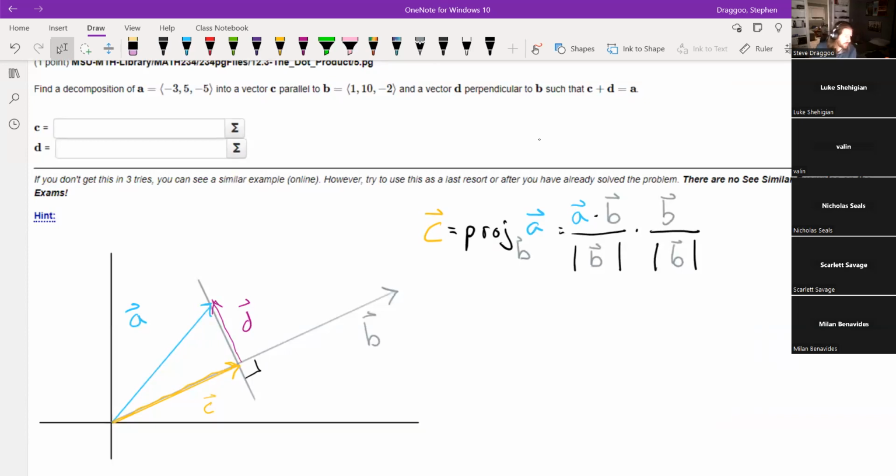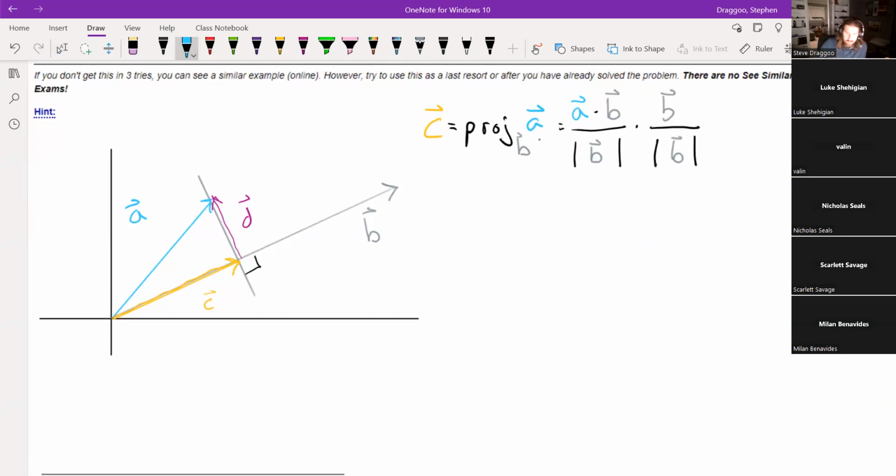And the idea here is that if I take my two new vectors, C and D, and add them together, I get my original vector A. Since if I trace the path along C and then up D, I get to the same point as if I would have just traced my path along A. So this gives us the starting concept that my vector A is equal to C plus D. That's what I mean when I say I want to decompose A into a pair of other vectors.